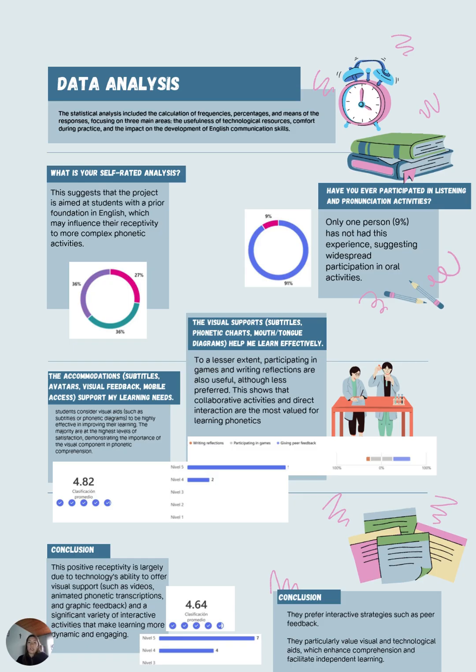It means that most students consider visual aids like subtitles, phonetic charts, or diagrams effective for improving their learning. So it demonstrates the importance of the visual during classes and lessons, etc.